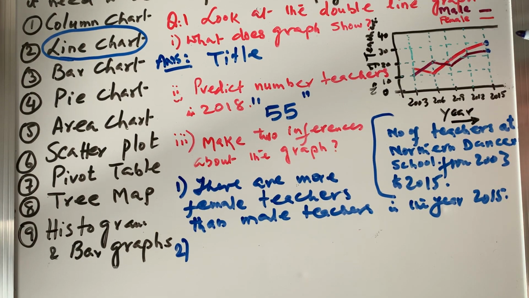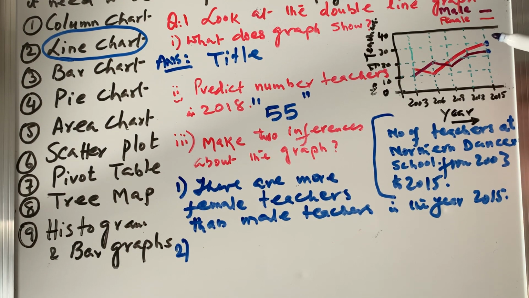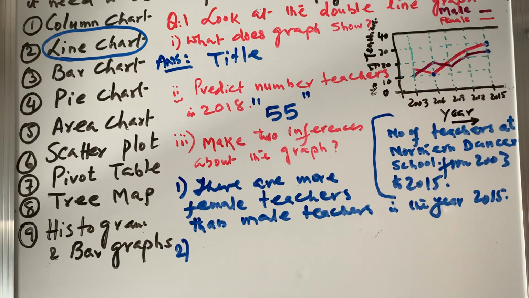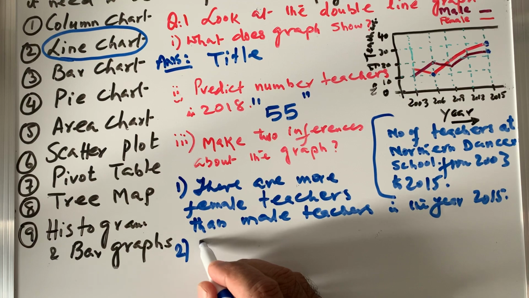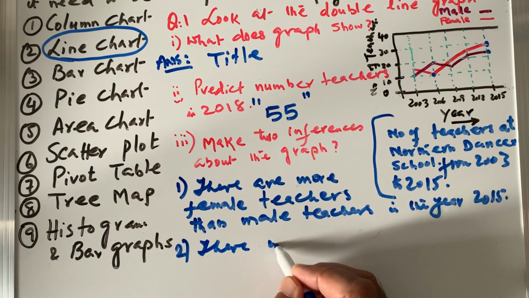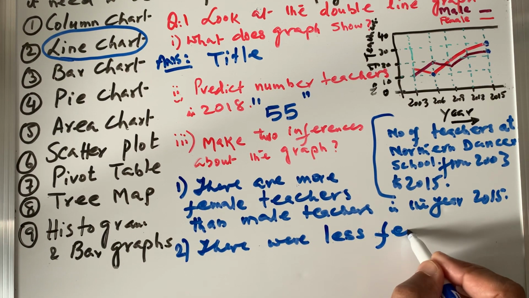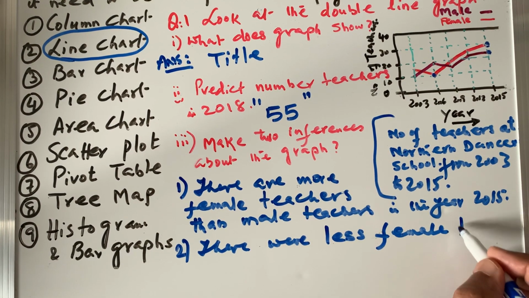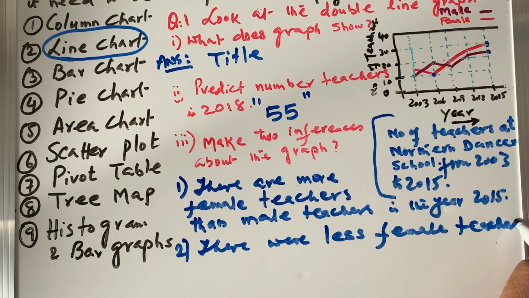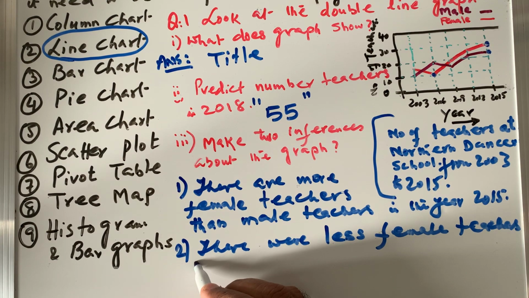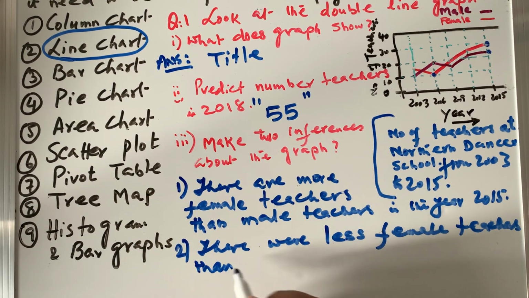You can say there were fewer female teachers in 2006. Red is female, so female teachers were 10 and male teachers were 20.